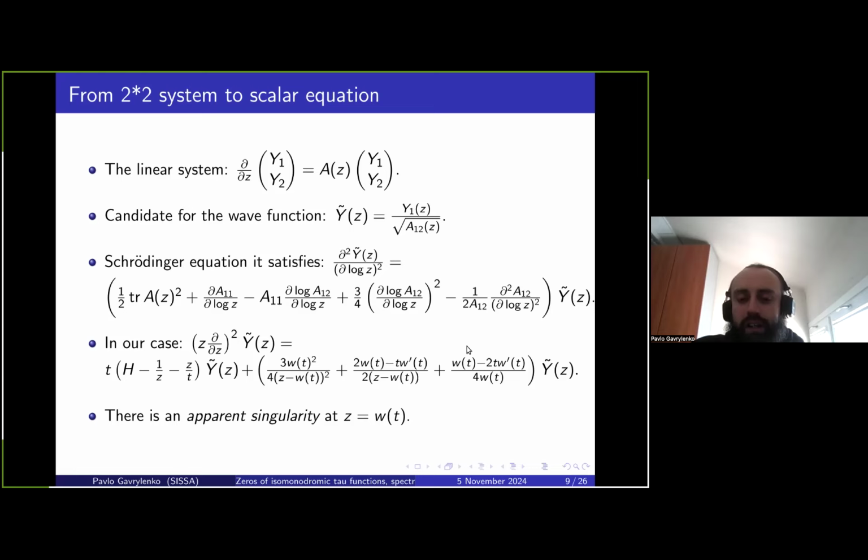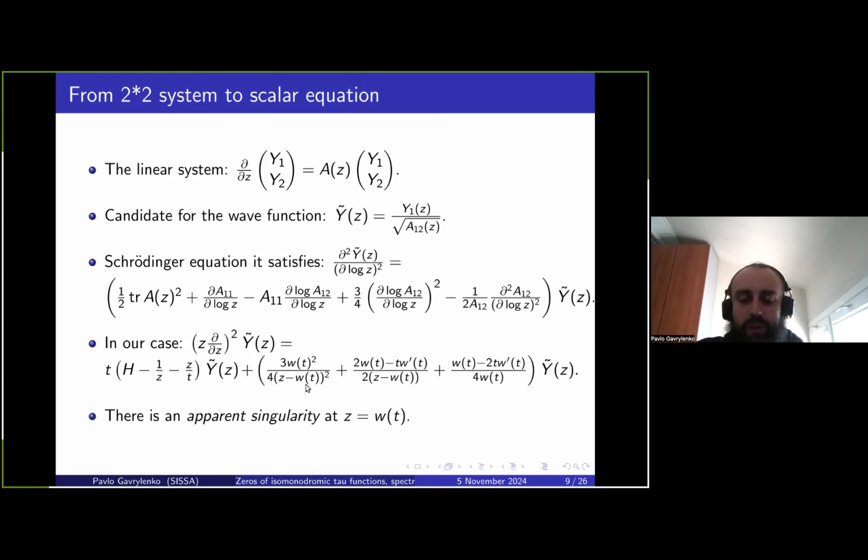And literally, if you take the explicit form of this matrix, which corresponds to Painlevé 3, and compute this potential, you find that it has a second order pole at point W of t. So the position of this pole is defined by the Painlevé transcendent.